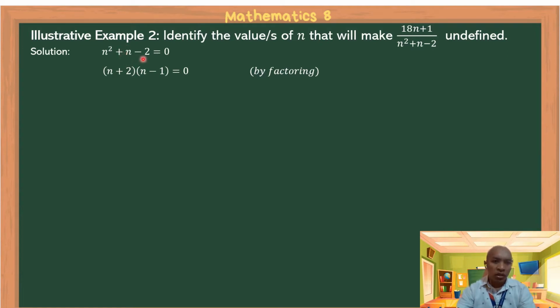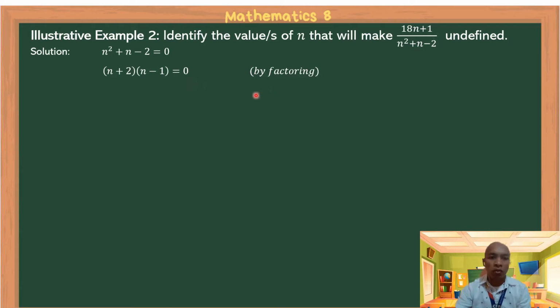Since the product is negative, the factors are 1 positive and 1 negative. So therefore, positive 2 and negative 1. Because if we add positive 2 and negative 1, we subtract 2 and 1, that is 1, and the sign is positive. So that is the coefficient of the middle term. Therefore, this is the correct factorization of n squared plus n minus 2.